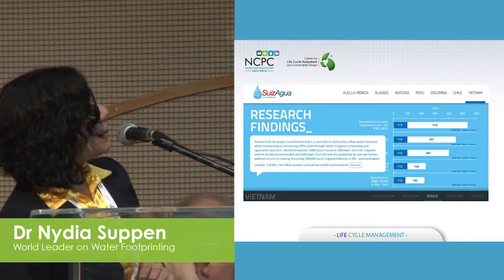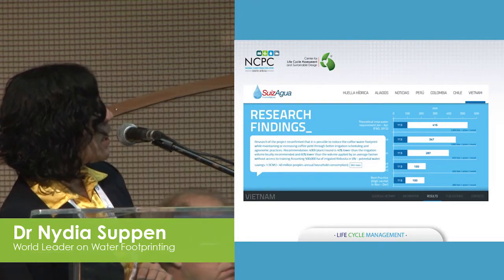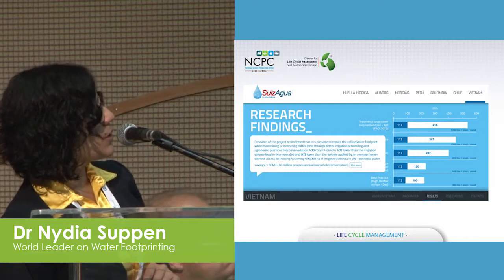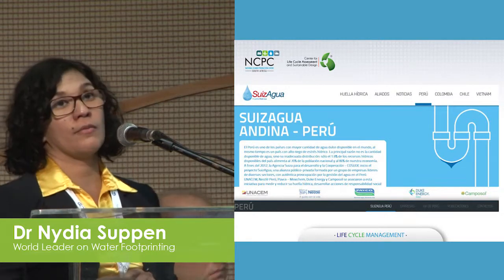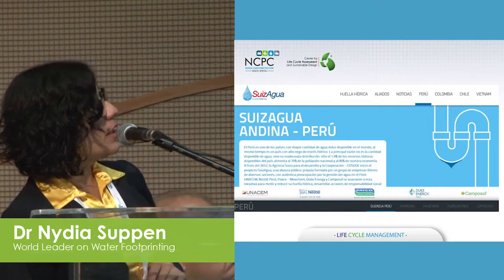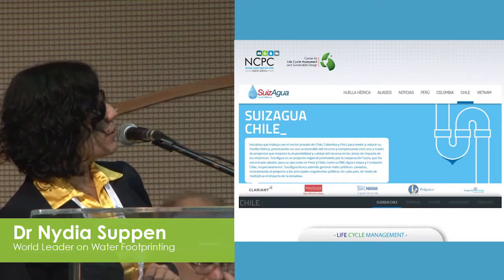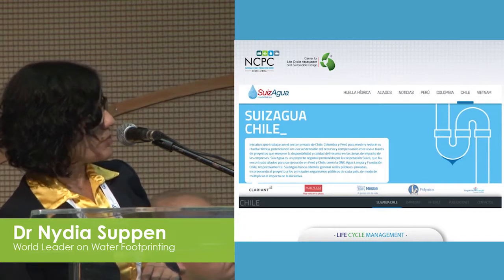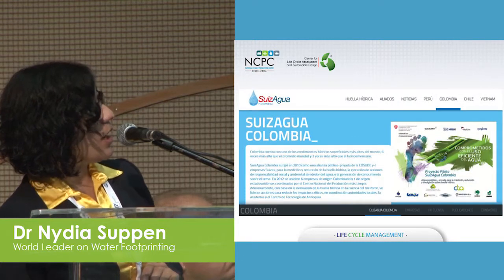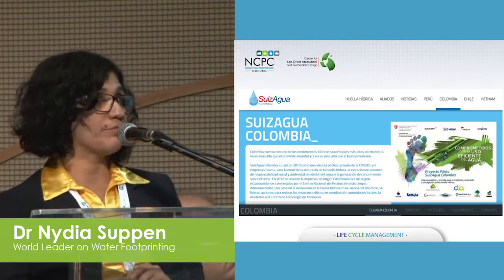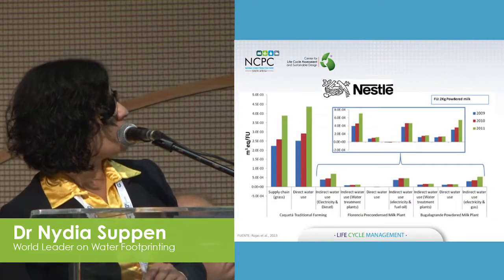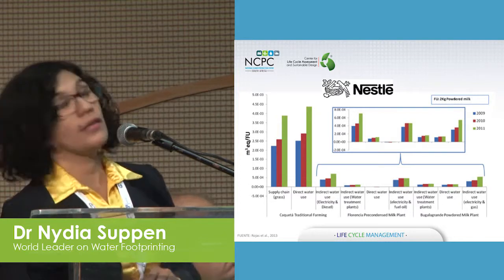In Chile, they have worked with Clariant and some retailers also, and Nestle, who's been part of the project since the very beginning, of course, a Swiss company. And then in Colombia, they were also working with the cement company, Argos, some of the companies that are related to the food industry, and with Nestle, as you can see up here.